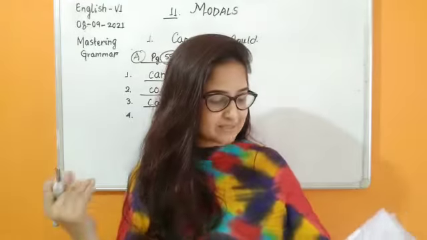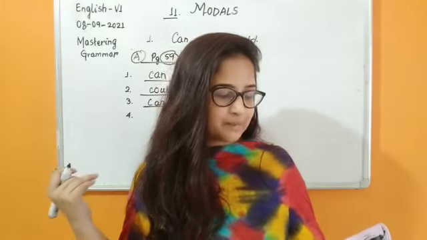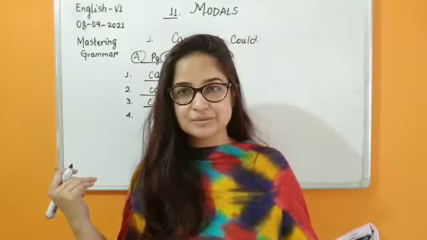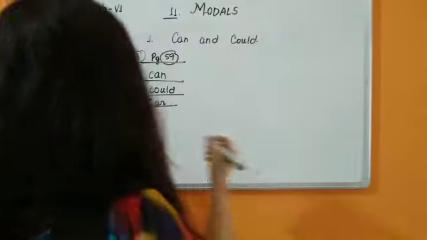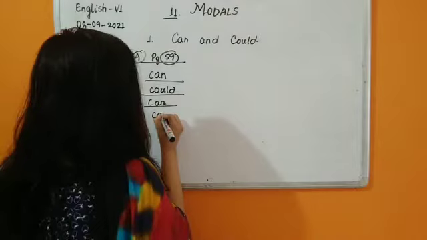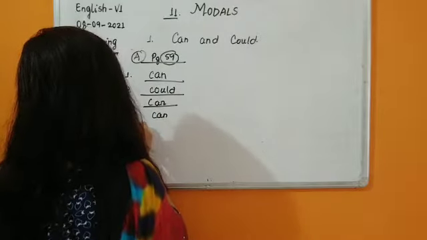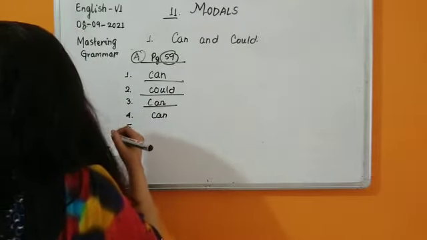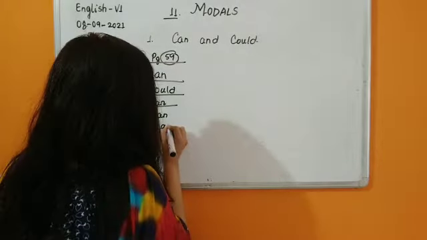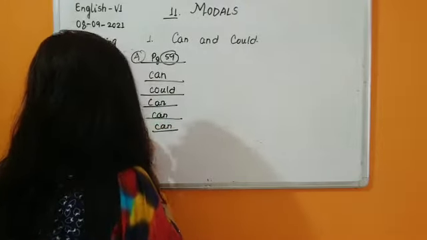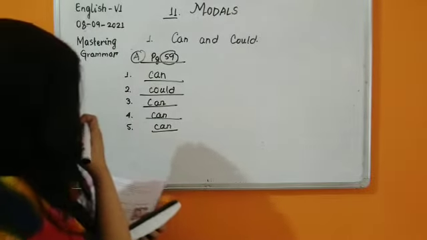So can is the present part of could. I am not sure, but I think he dash come today. He can come today. So there is a possibility he can come today. Can take a rickshaw. Okay, so we are done with exercise A.